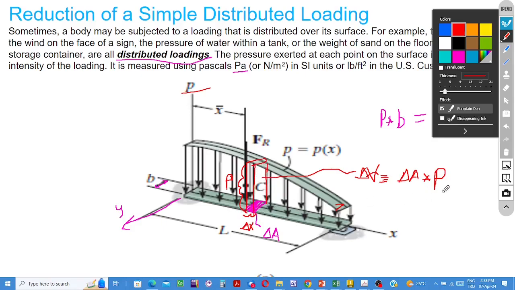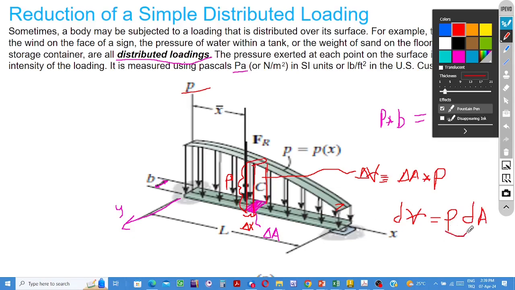If you take the contact area as infinitesimally small, then the corresponding volume under the load diagram will be infinitesimally small: P times dA.